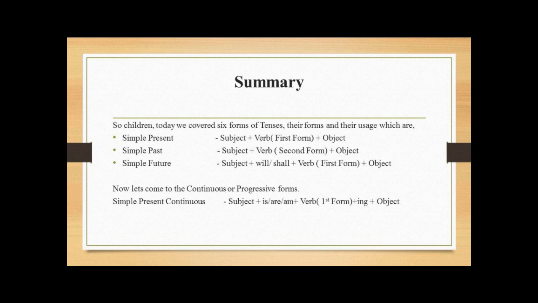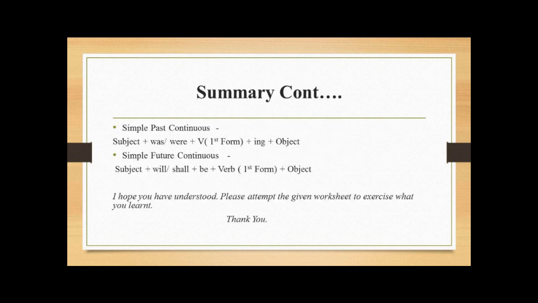Now let's come to the continuous or progressive form. Simple present continuous tense, and the form used is subject plus is or am plus first form of the verb plus ing plus object.